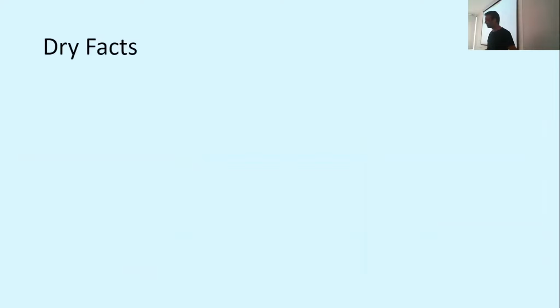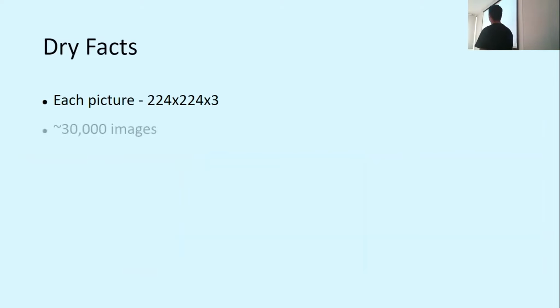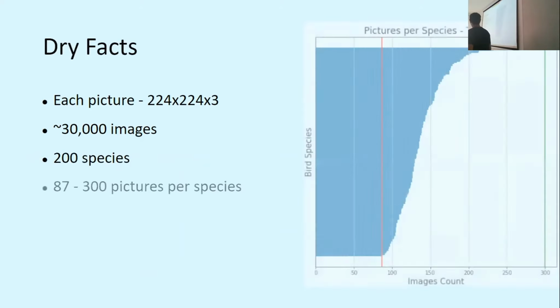We did some more data exploration. Each picture is 224 by 224 pixels and 3 channels, which makes it easier because most models work on this. There are about 30,000 images and 200 species, as you already saw.